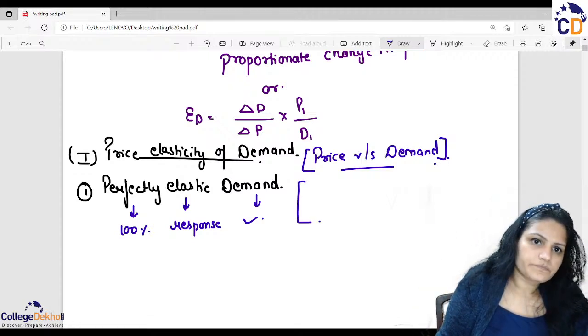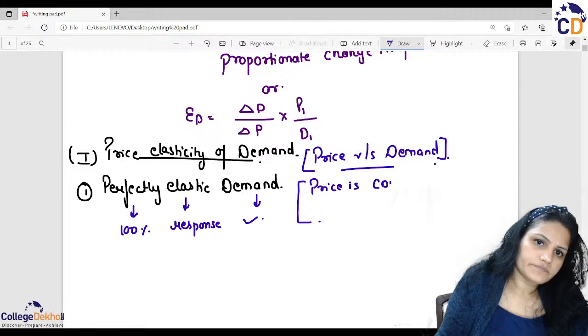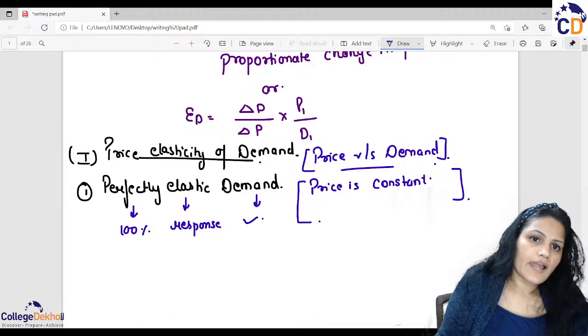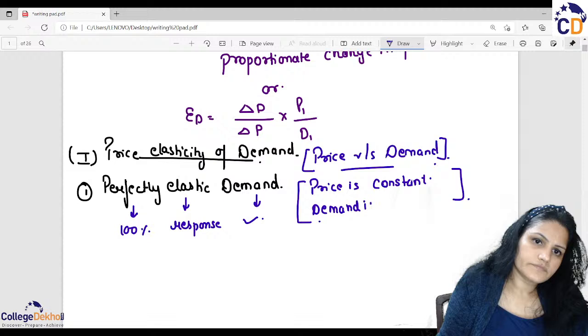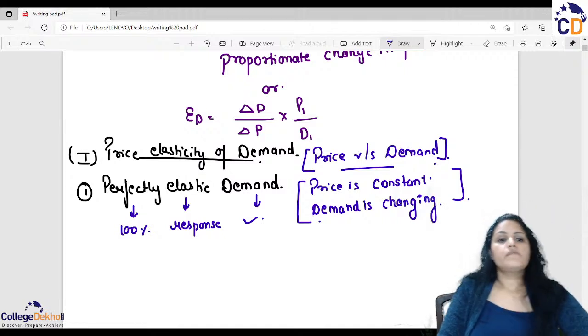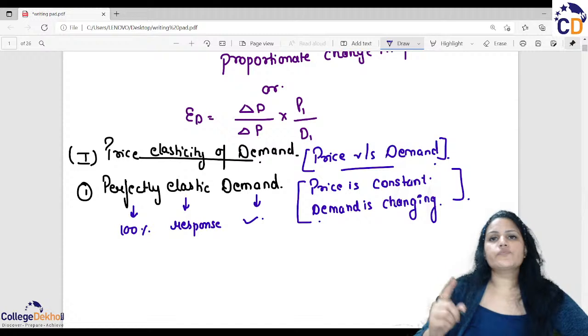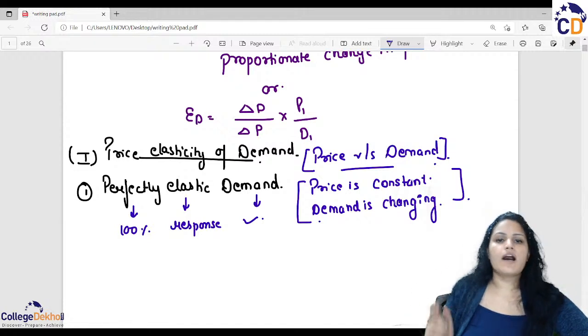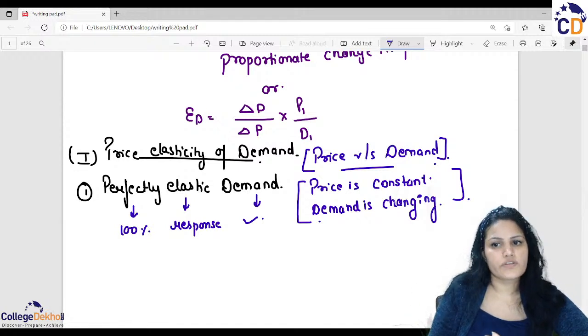That means price is constant, because price is not changing and demand is changing.